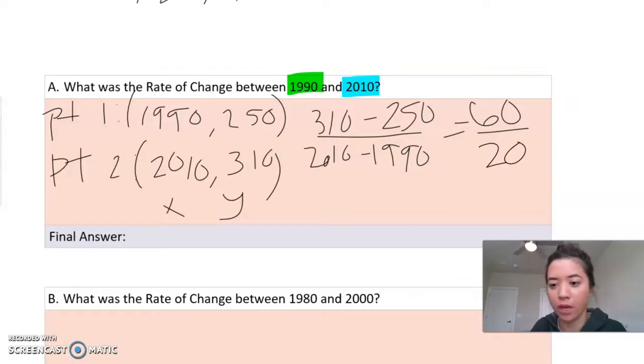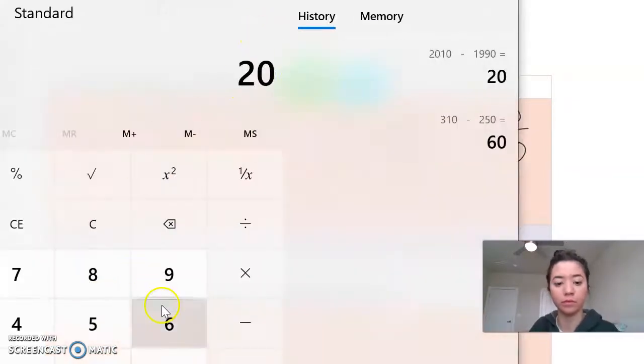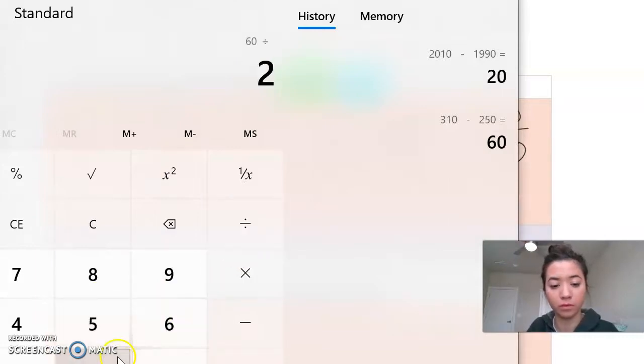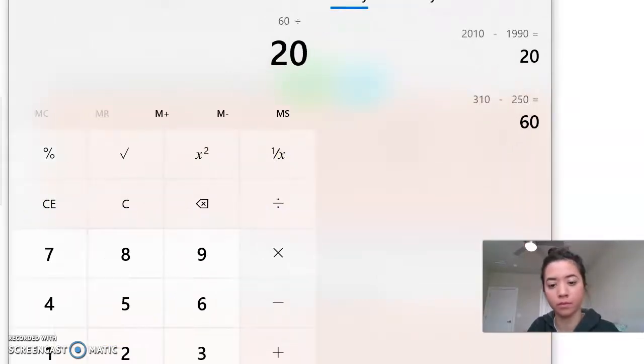And then now we'll go ahead and we'll do this division. We'll do 60 divided by 20. And we get 3.